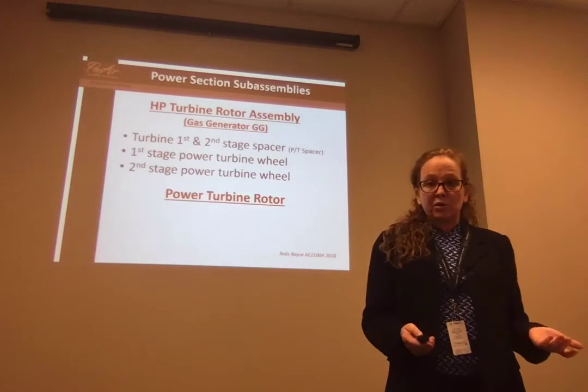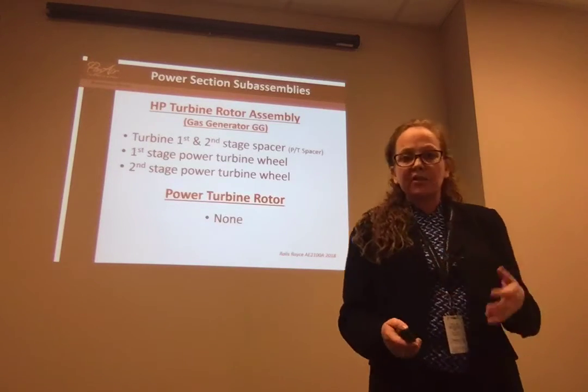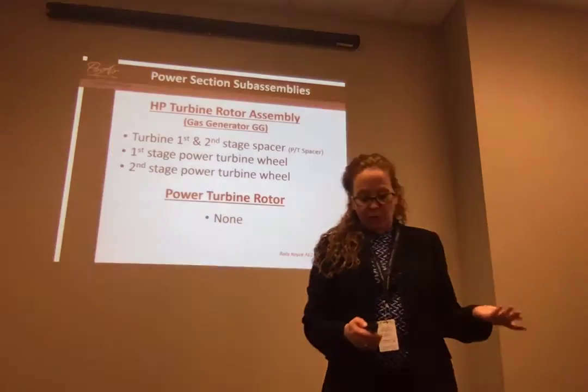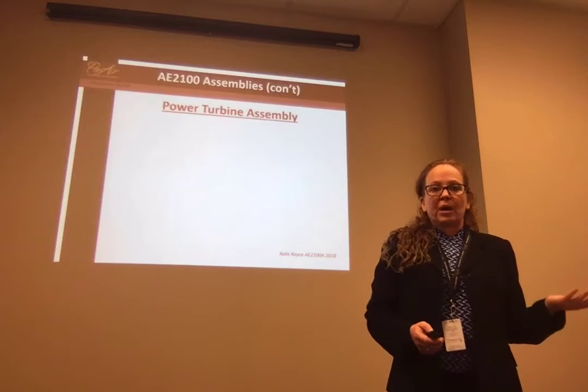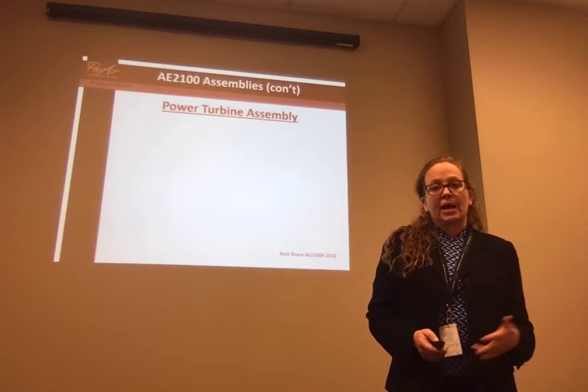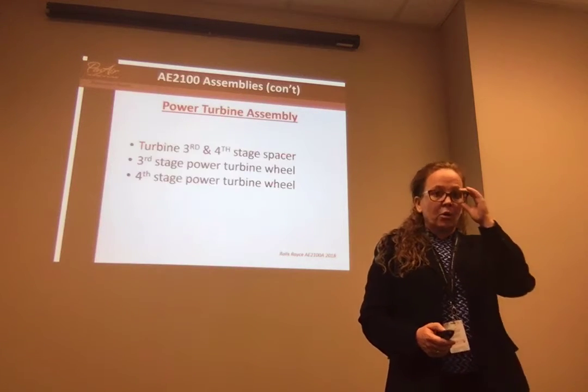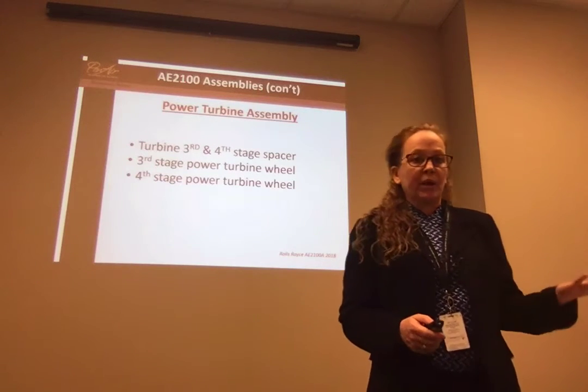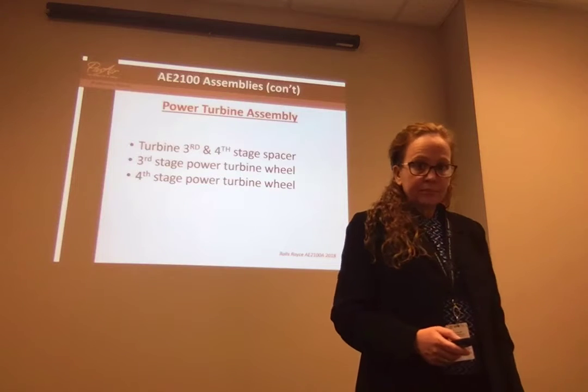And then you've got your power turbine rotor, nothing there that we track, which we've already covered. And then your power turbine assembly. That also has 3 things that we track. One, again, a spacer between the third and fourth, and then the third rotor or wheel, and the fourth rotor or wheel.